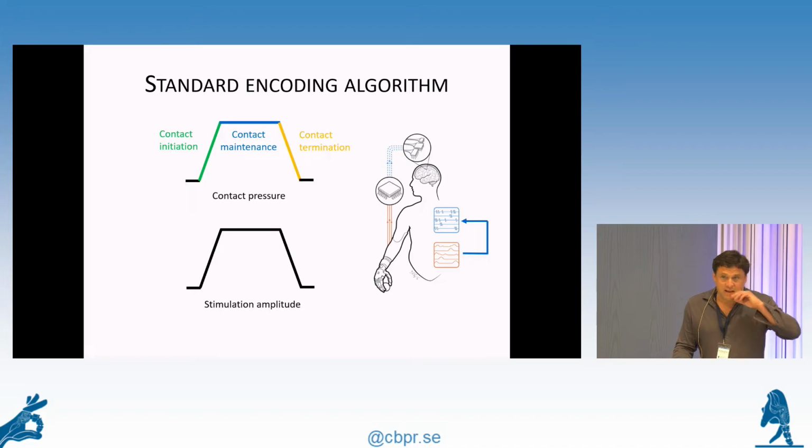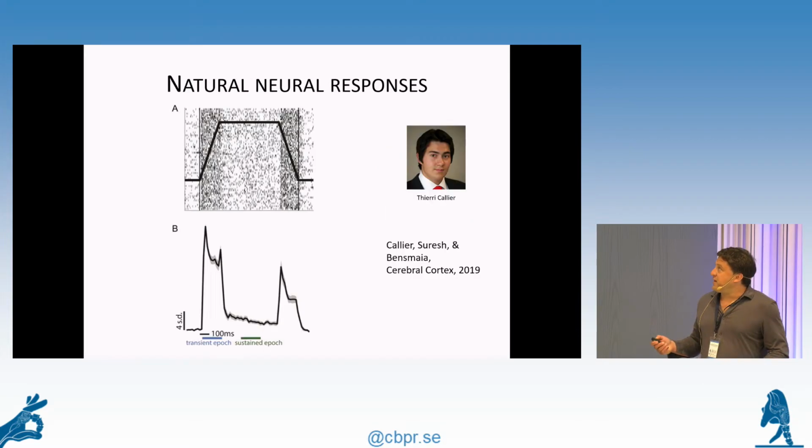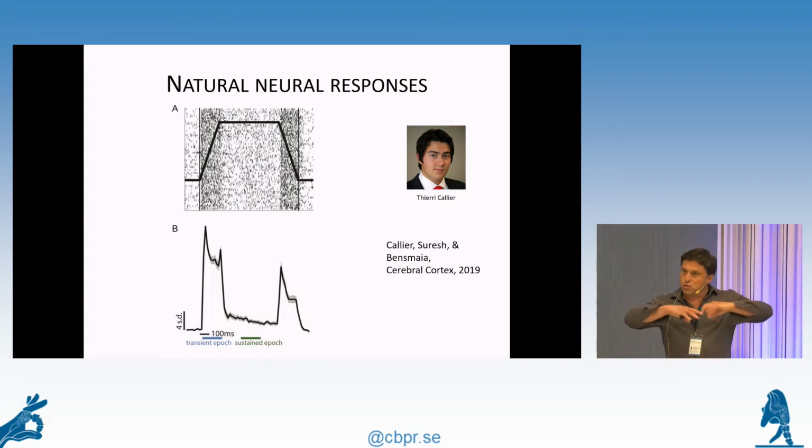But now if you look at how the brain responds when you grasp an object and let it go, it looks very different. What you find is that at the onset and offset of contact, you have these massive transients where large swaths of the brain become active. During maintained contact, that activity goes down like tenfold.